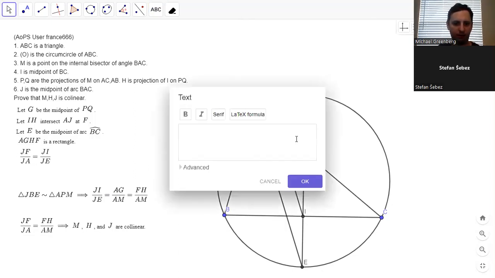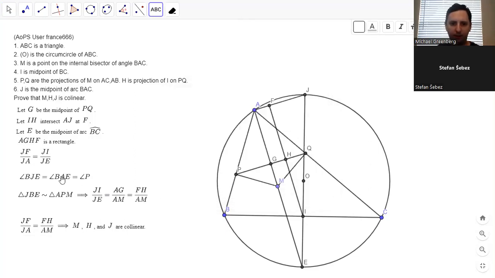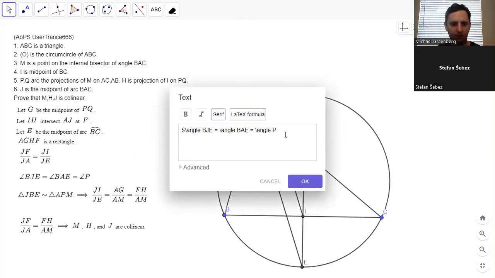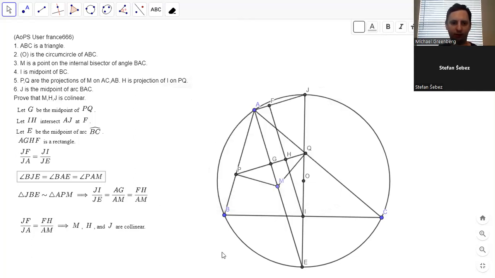So yeah, PAM. And that pretty much does it, because those are both right triangles. All right, so I will move on to the next one. I think they will probably get harder.